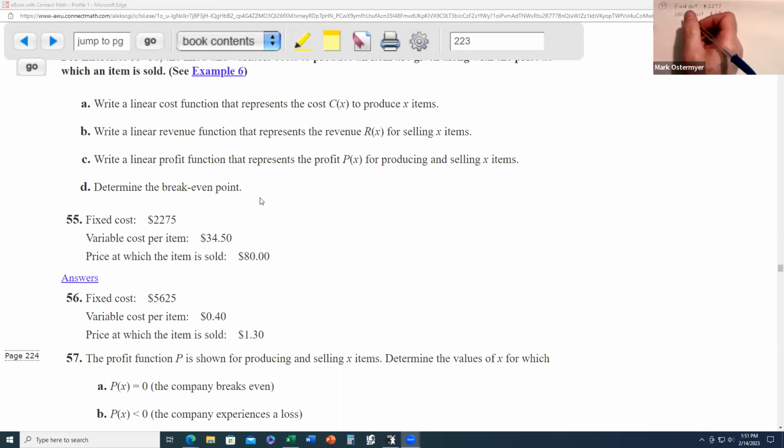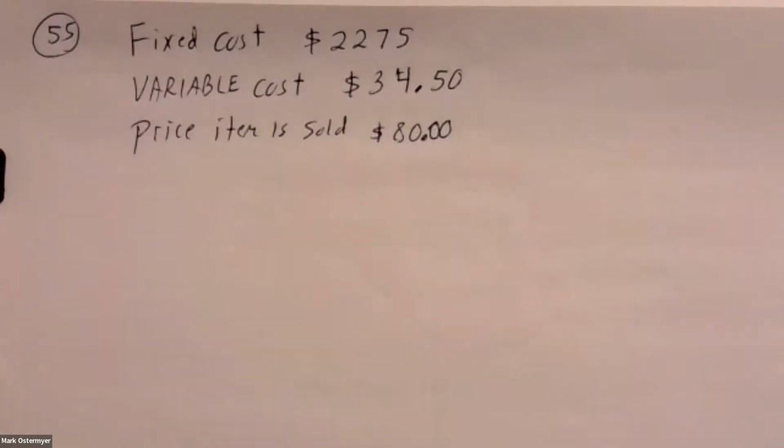And then they give us the price at which an item is sold. And that's going to be $80. All right, so given that information, first of all, they want us to write a cost function.